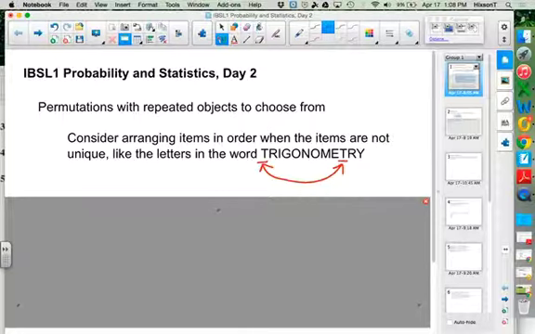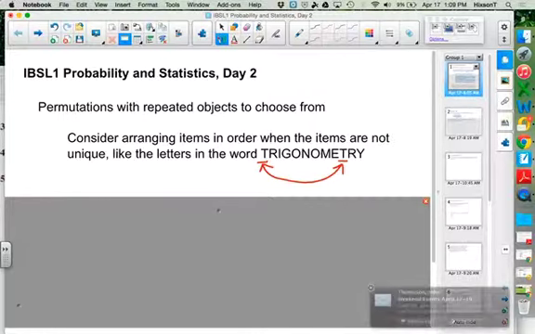If something is distinguishable, that means you can tell the difference. So if we switch those T's, it's not going to make any difference. We won't be able to tell that we actually did it. Same thing with the R here and the R here, or the O here and the O here.